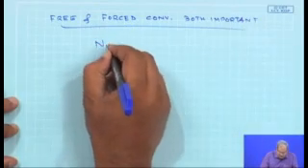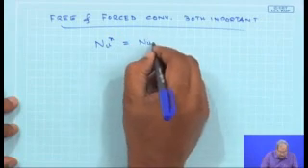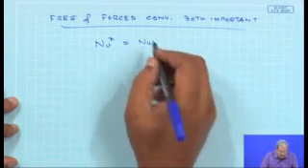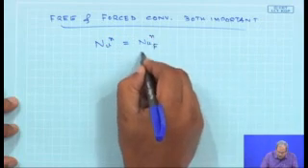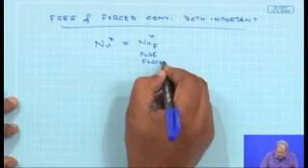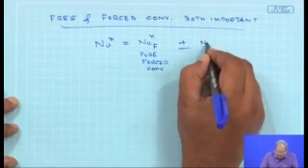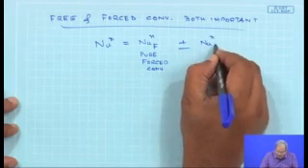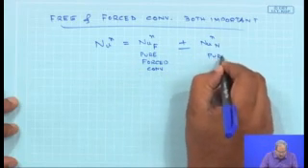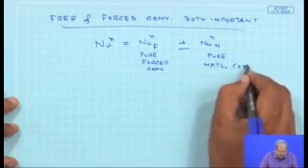Then the effective Nusselt number is the Nusselt number based on pure forced convection plus or minus the Nusselt number based on pure natural convection.